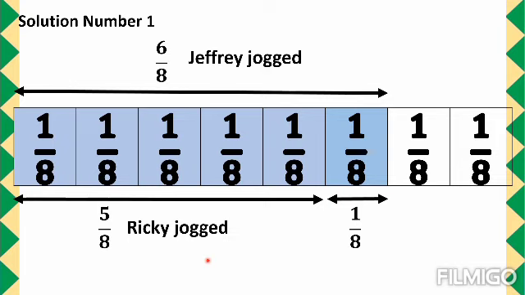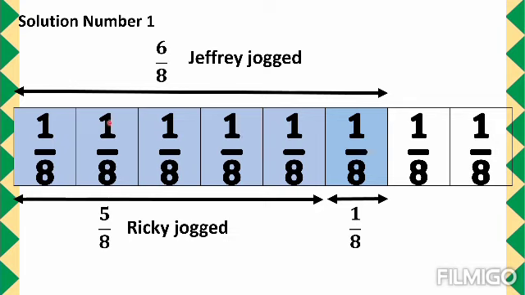Let us count: 1, 2, 3, 4, 5, 6, 7, 8. That is 8, so each box is 1/8. We have 1/8, 1/8, 1/8, 1/8, 1/8, 1/8. These boxes show Jeffrey's jog, a total of 6/8.